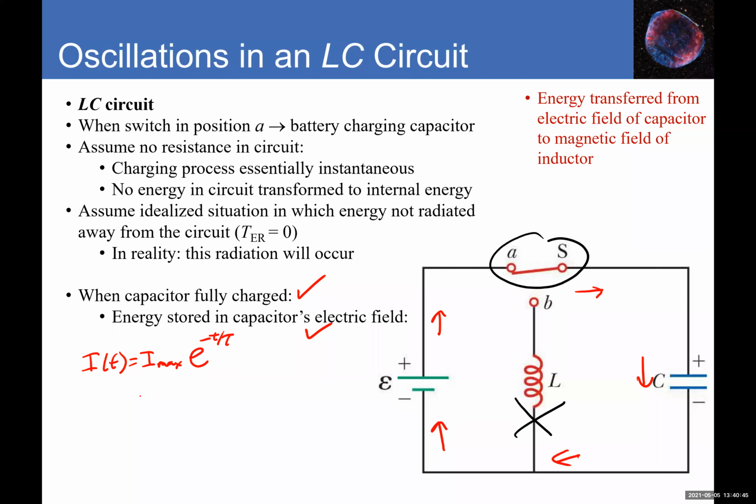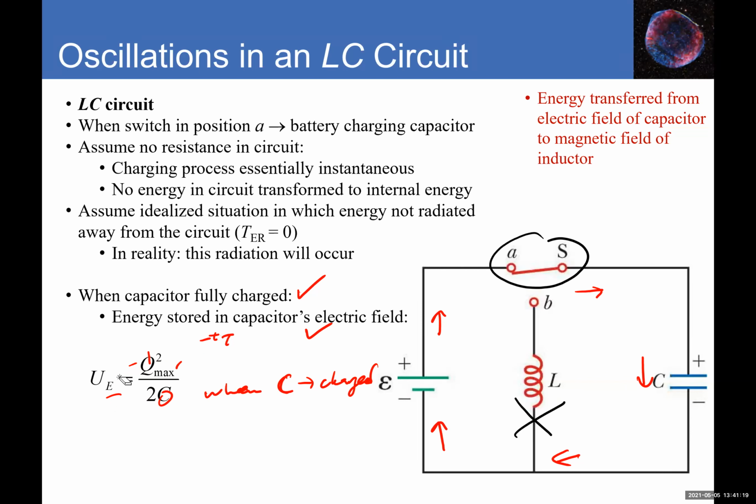So as the capacitor is fully charged, we can say the current here is equal to zero when the capacitor is charged. And all the energy provided by the battery, all the potential energy, is stored in the capacitor.